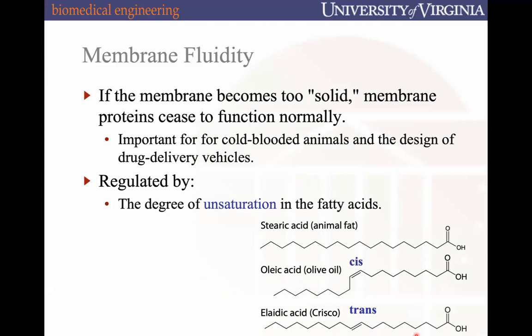If there's trans double bonds, it'll be similar to the saturated fatty acids and pack really closely. The cis causes disruption to that packing, and there's more fluidity at the cell membrane. Does this make sense? And we'll talk about this more.